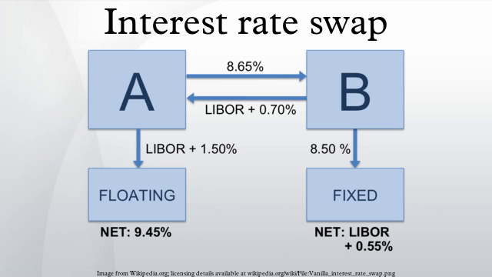Fixed for floating swaps in different currencies are used to convert a fixed-rate asset or liability in one currency to a floating-rate asset or liability in a different currency, or vice versa.